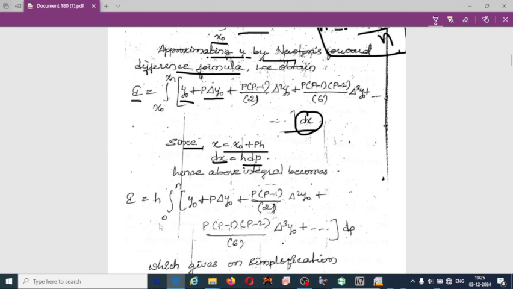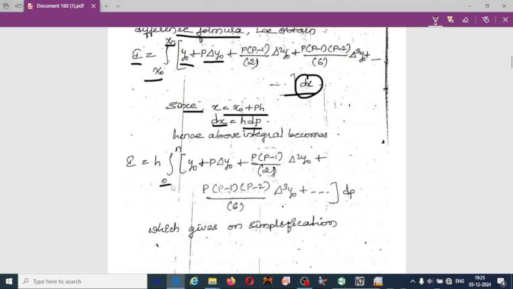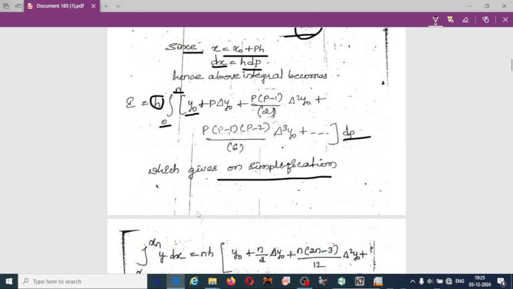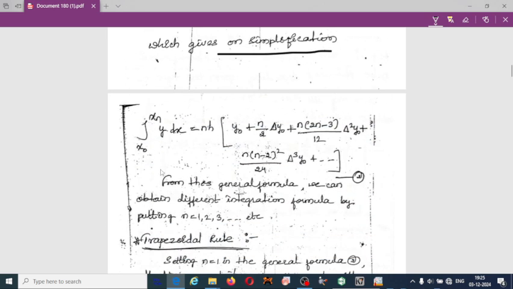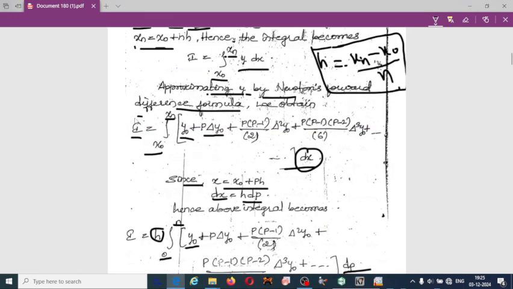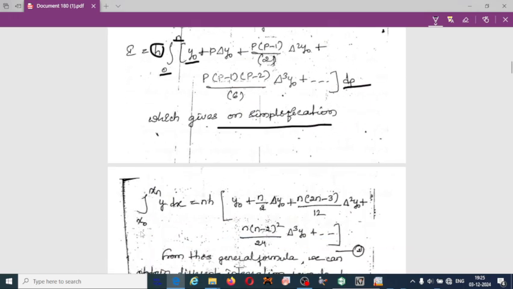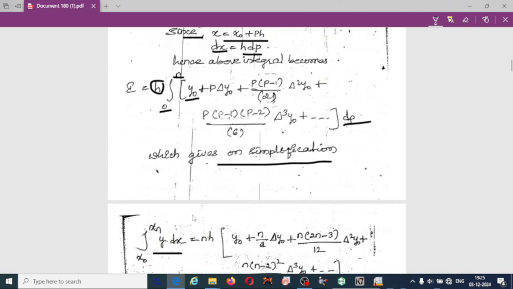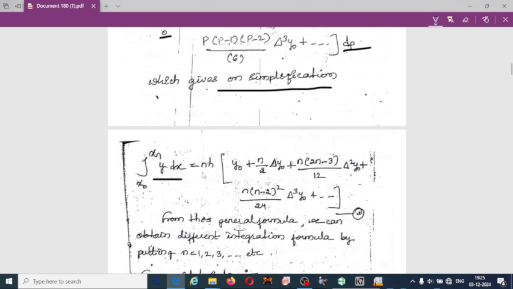So the interval x naught to xn, we can write as 0 to n, and y naught as it is, write the formula as it is, only replace dx with h dp, and you can take h outside the integration, which on simplification gives I equal to the integral x naught to xn y dx, keep as it is, and here n into h.